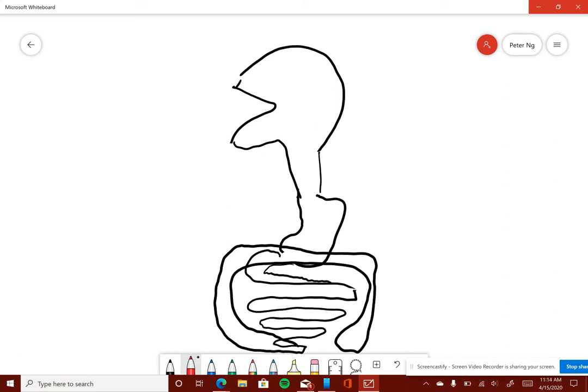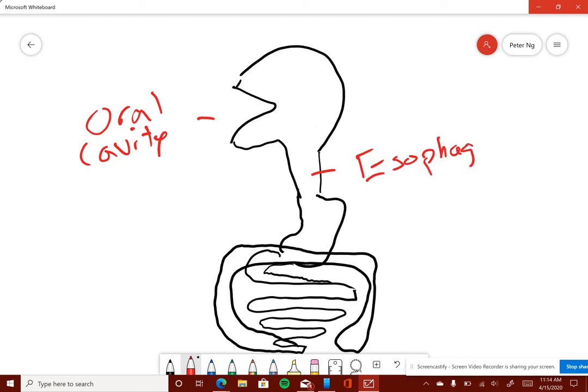It's very obvious that my drawing skills are not the greatest, but we can start to label some stuff. We have up here the oral cavity. We have right here the esophagus. We have right here the stomach.